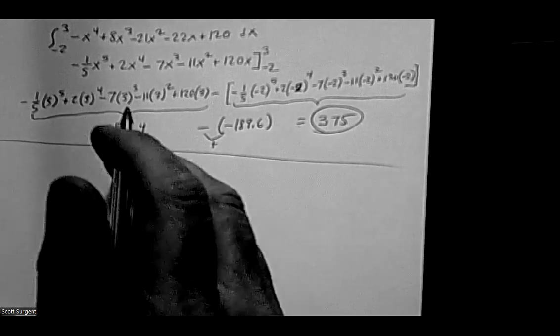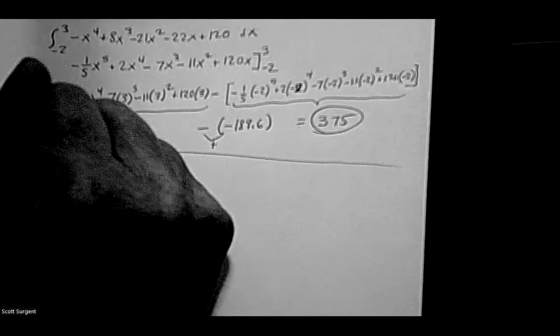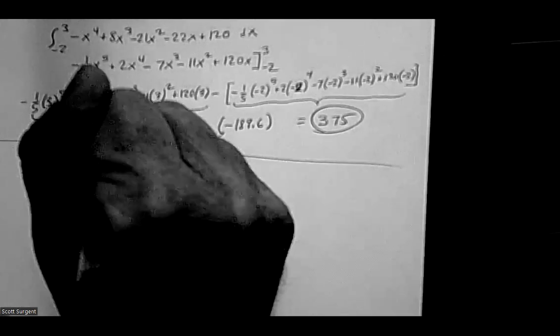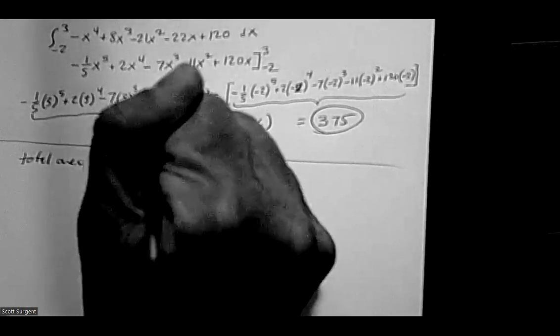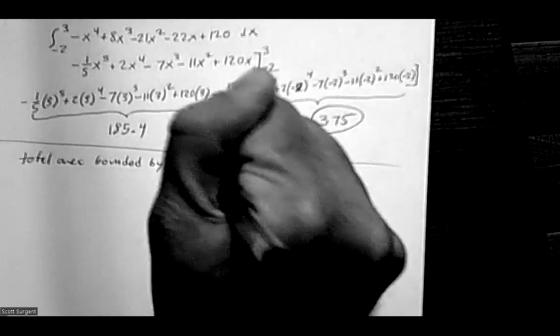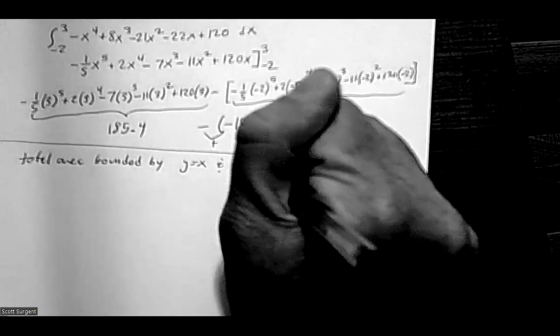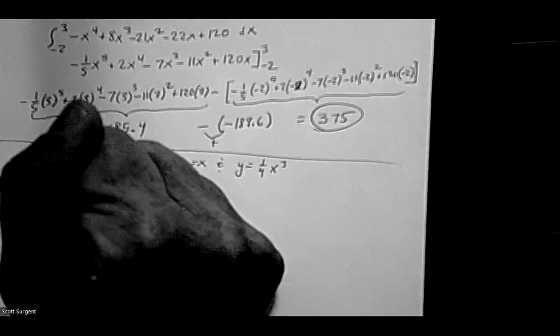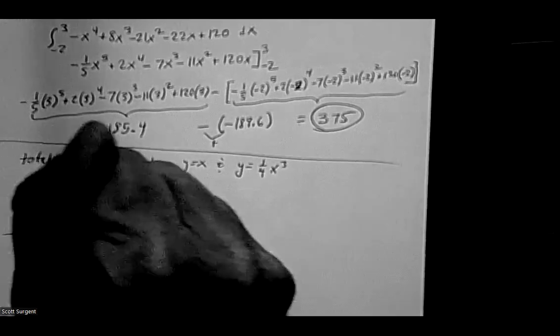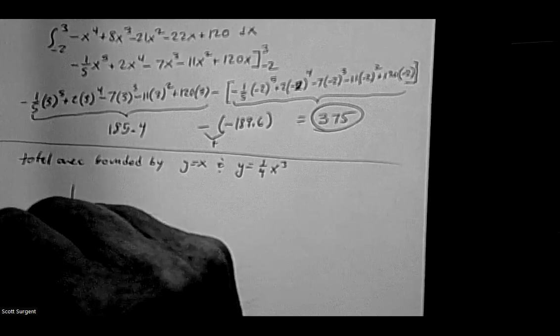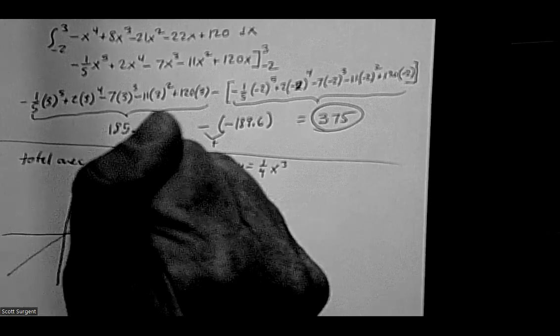So we want to find the total area bounded by y equals x and y equals 1/4 x cubed. Now, if you graph them, y equals x is just the diagonal line here.